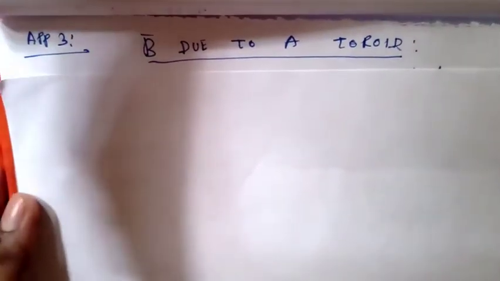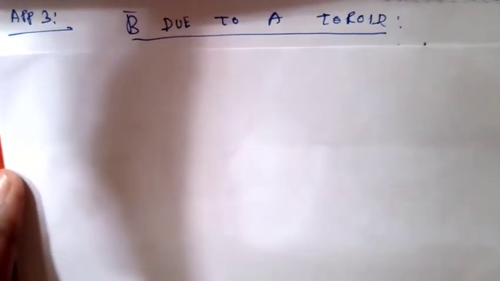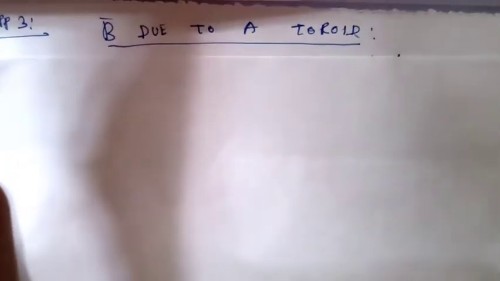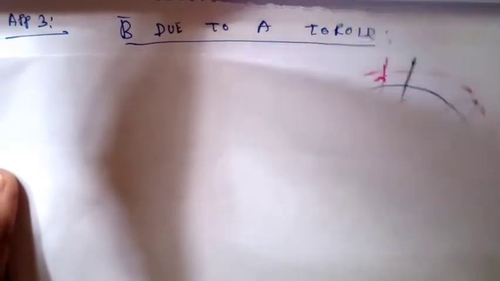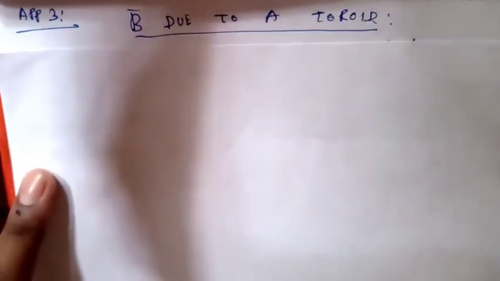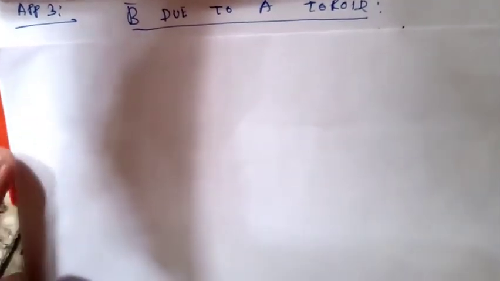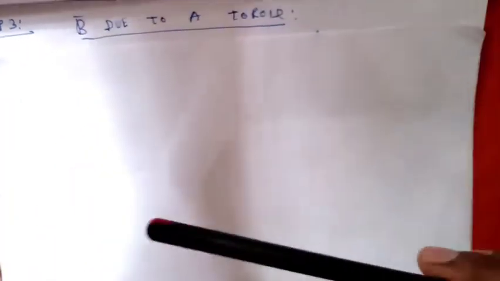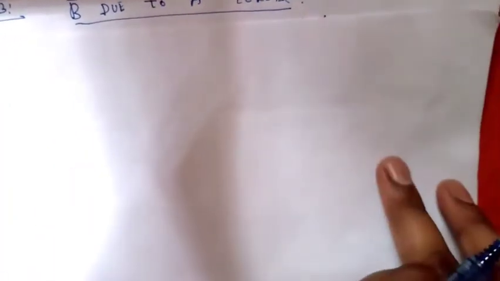Third application is magnetic field due to toroid. What is a toroid? Consider a long solenoid, and wrap a wire on this rod. It forms a solenoid. The solenoid is now bent to form a ring with inner radius A and outer radius B, respectively.